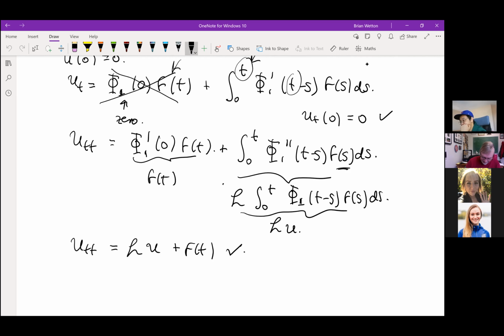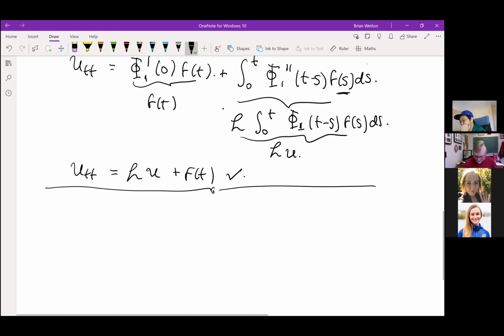Okay, well, so that's pretty formal stuff. Let's turn this idea loose on the forced wave equation and see what comes out.